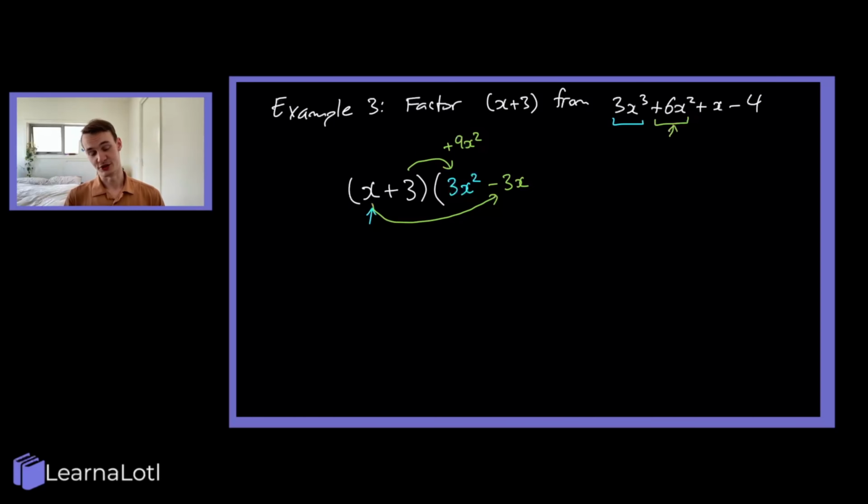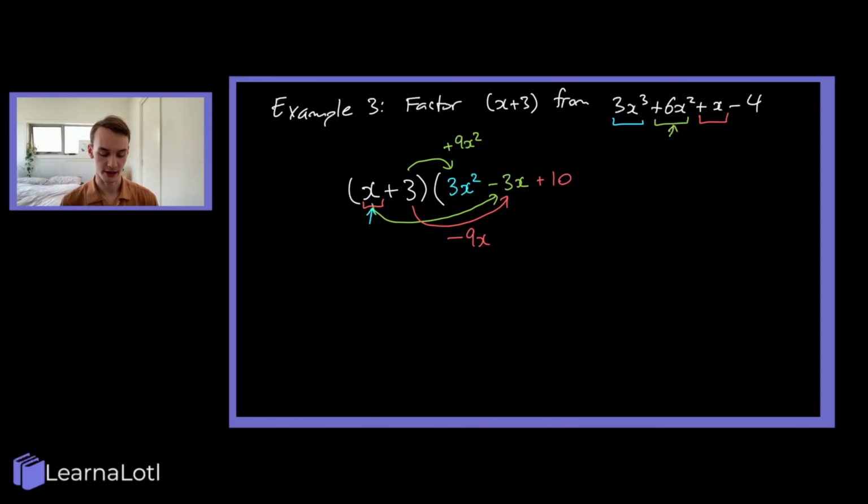But of course, I've introduced a new term. I have also introduced minus 9x. And I don't want minus 9x. What I want is plus x. So I have to look, how am I going to correct this? The only way I can correct it is I need plus 10x. So I'll get that x times plus 10.